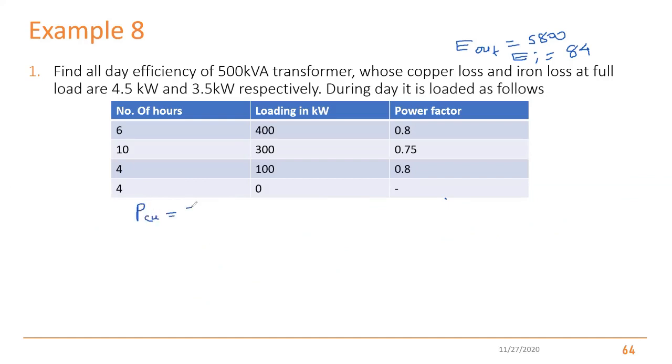The copper loss equation is I squared R. Regardless of whether we are referring to primary or secondary, I can write it like that. What I know here is the power factor is known.